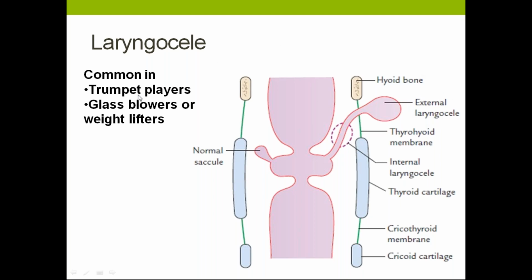It is more common in trumpet players, glass blowers, or weightlifters. They take a deep breath and their intra-abdominal pressure increases, so there is increased accumulation of air in the sinus. This leads to laryngocele. This is a chronic condition.